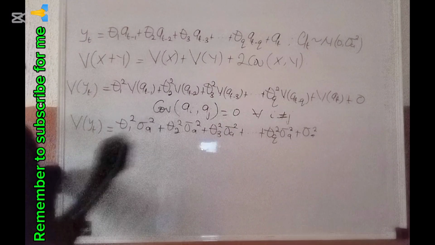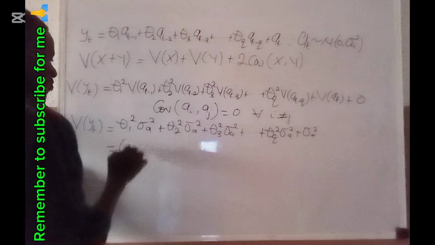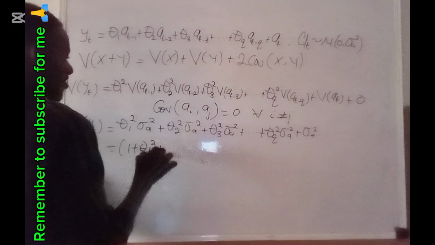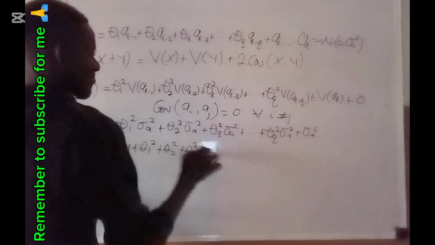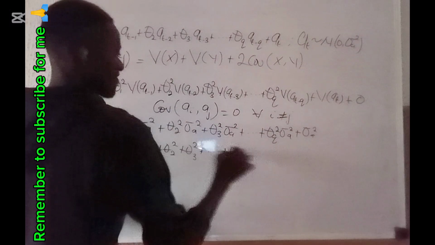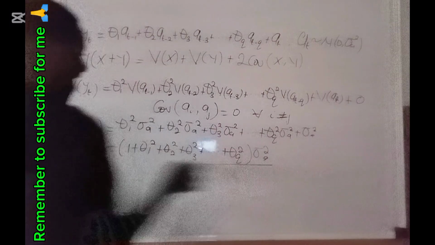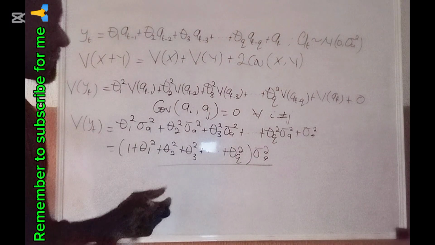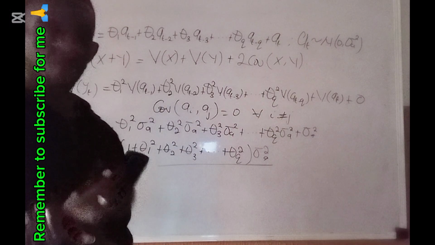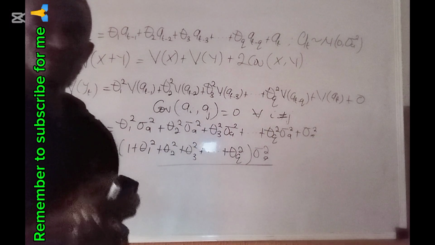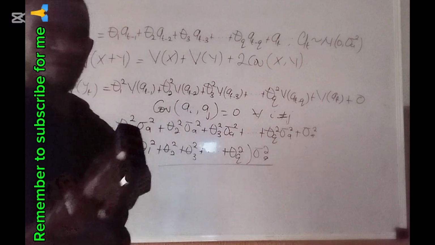In that case, what I'm going to have is: open a bracket, 1 plus theta 1 all squared plus theta 2 all squared plus theta 3 all squared plus up to theta q all squared, times sigma squared of a. And this becomes what we call the variance of the moving average model of order q. So that is how to get the variance of the moving average model of order q.